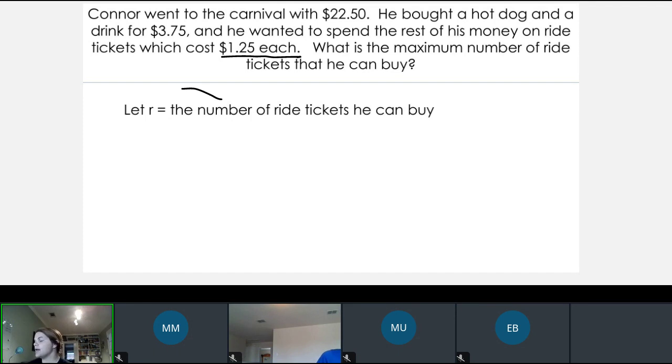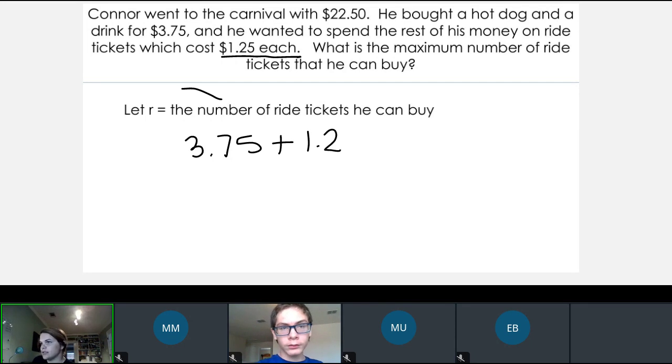So first, let's write out an equation. On the left-hand side, we're going to write out the cost of everything that he wants to do at the carnival. So he already spent $3.75, plus he wants to buy ride tickets, which are $1.25 each. So 1.25 R. And he came to the carnival with $22.50.